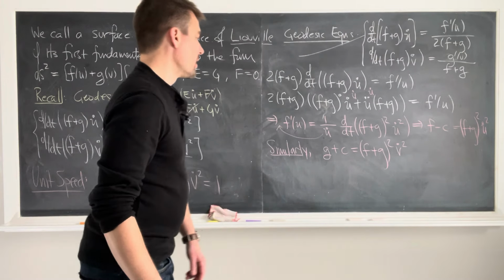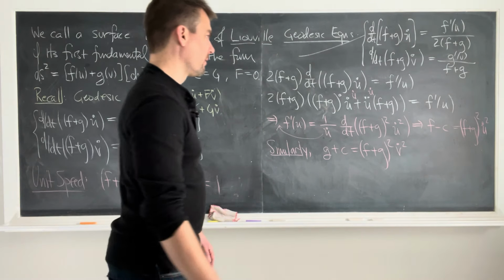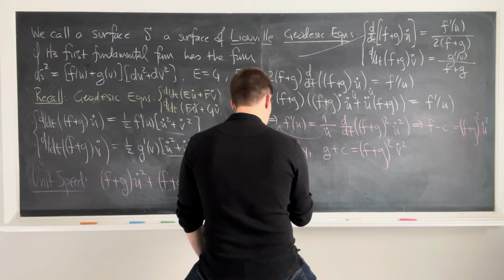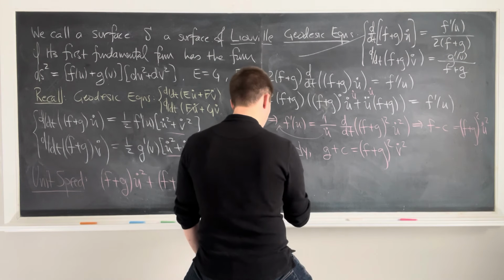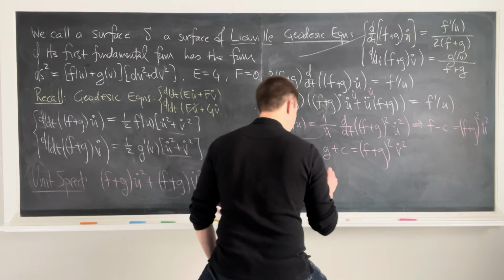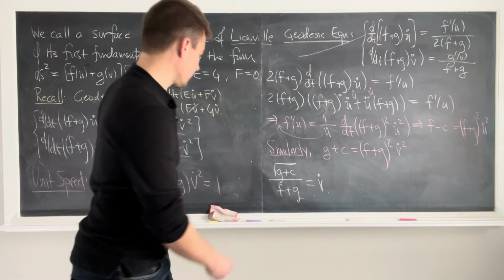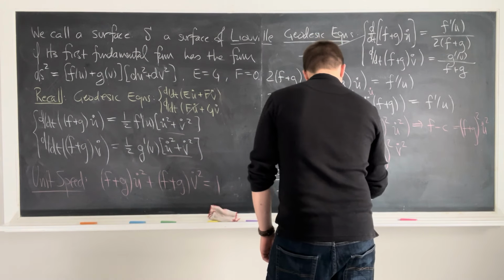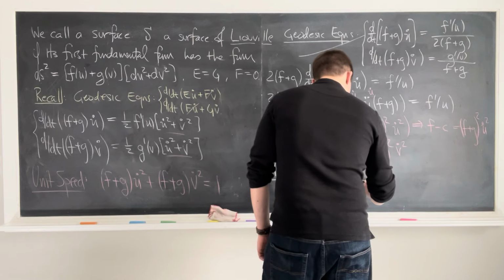Okay. Now if we take the square root of those equations, we can conclude the following. Taking the square roots, we can conclude that the square root of g plus c over f plus g is equal to v dot, maybe with a plus or minus, right? Plus or minus. And then u dot is the same thing over here.